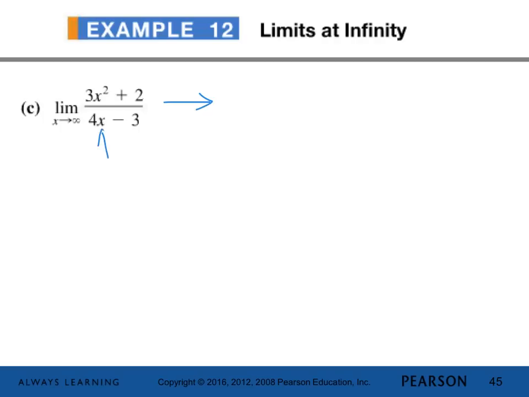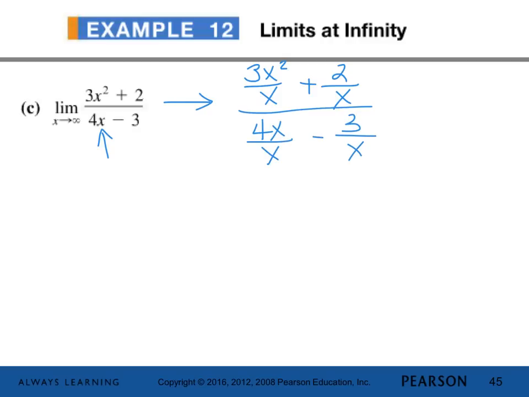The highest power of x in the denominator is 4x, so divide through by x. 3x squared divided by x plus 2 divided by x, over 4x divided by x minus 3 divided by x.